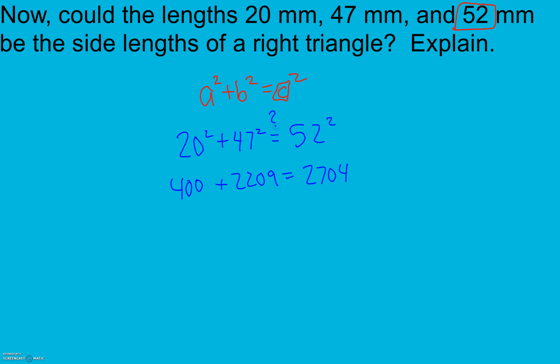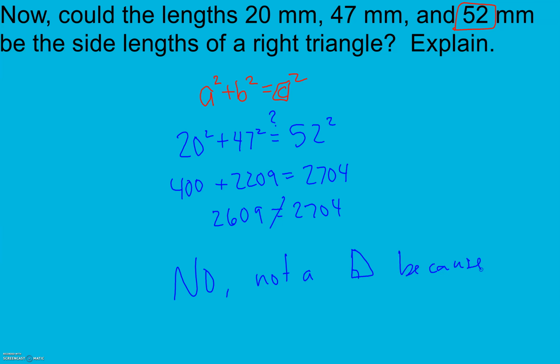And we're checking, are these equal? Here I get 2609, which is not the same as 2704. So since those are not equal, this is not a right triangle, because a squared plus b squared does not equal c squared.